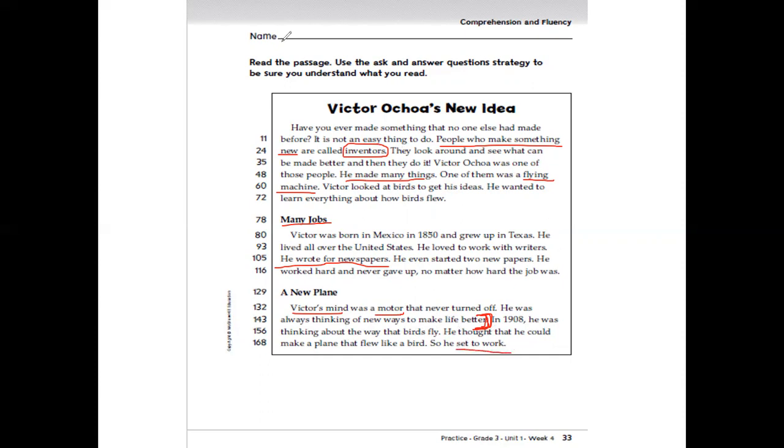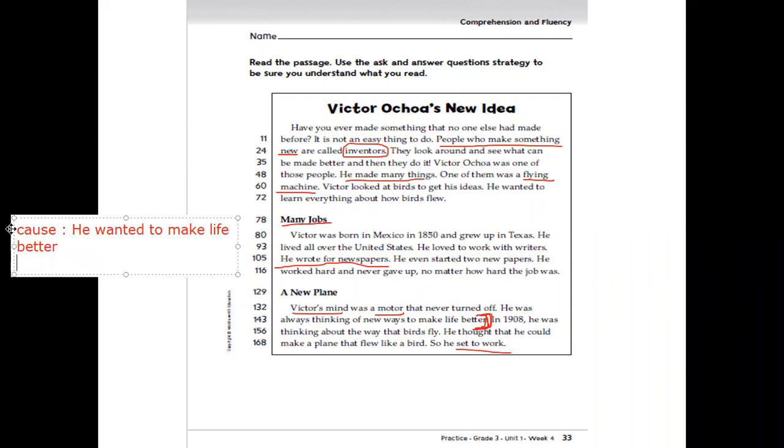So let's write the cause: he wanted to make life better. As a result, or effect, let's write effect, not result: he became an inventor. He invented new things.